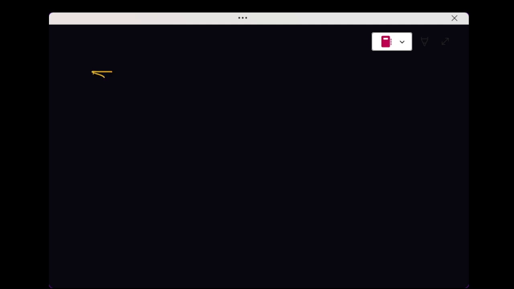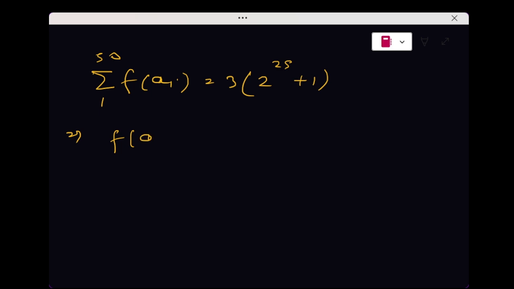There was another information, that is the sum of f(ai) equal to 3 times (2 to the power 25 plus 1), where i runs from 1 to 50. Now this means the left side will be f(a1) plus f(a2) up to f(a50).